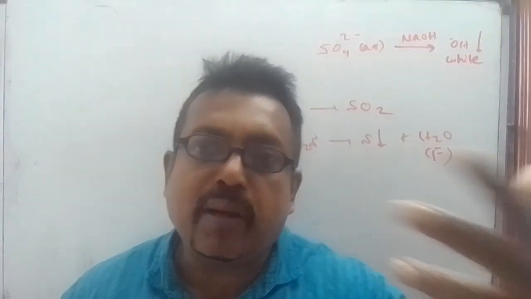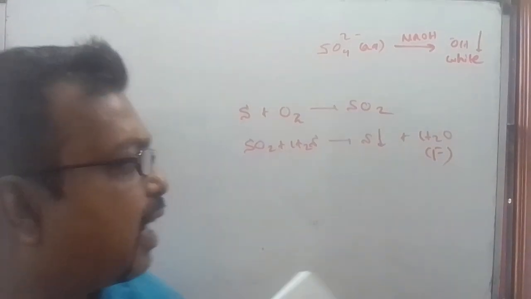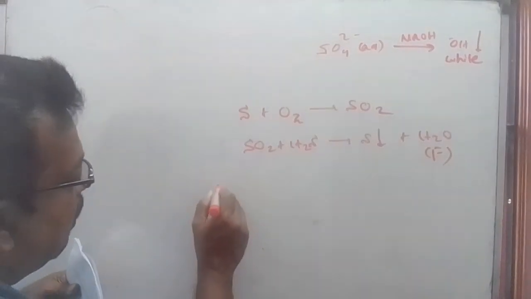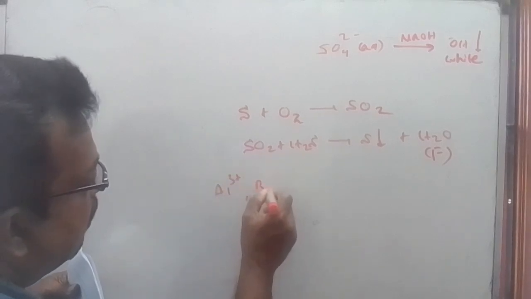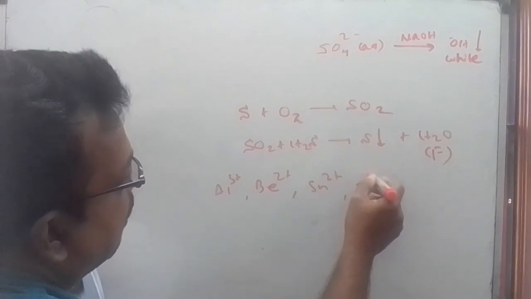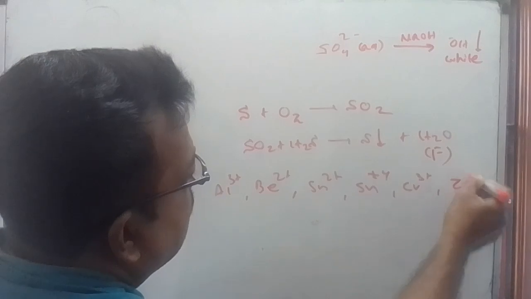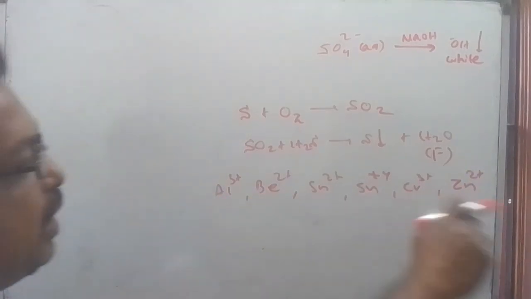That is a common phenomenon for all amphoteric cations. What are the amphoteric hydroxides you have? Aluminium, beryllium, stannous, stannic, chromium, zinc. These are amphoteric cations.